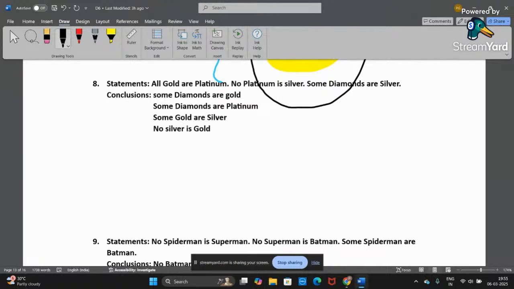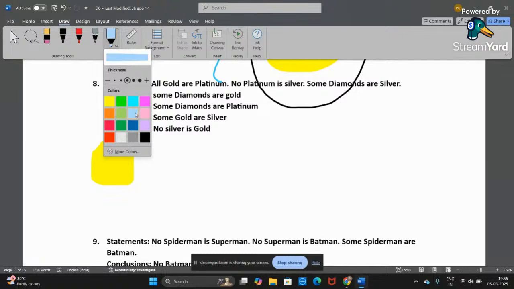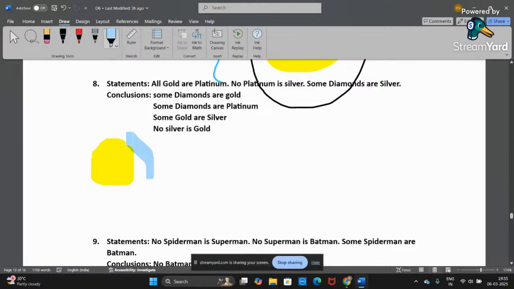Statement: all gold are platinum. Let's take this as gold. See, this yellow color indicates gold and this gray color indicates platinum.